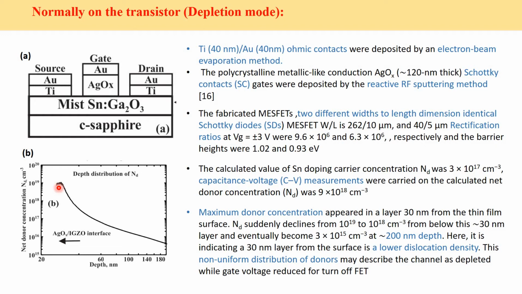This 30 nanometer surface layer has lower dislocation density. So we can see a non-uniform distribution of donors in the channel.